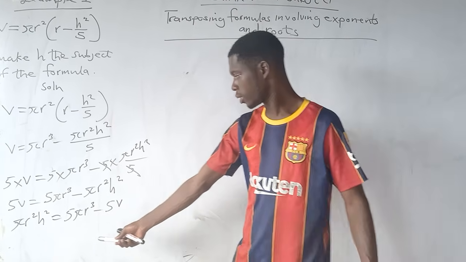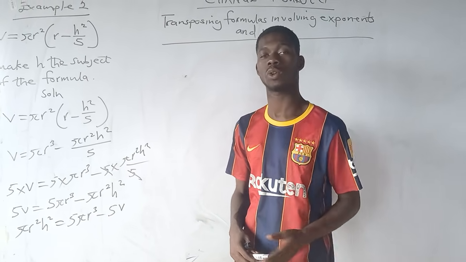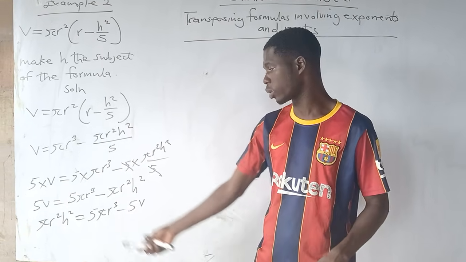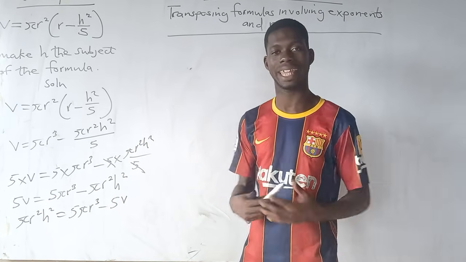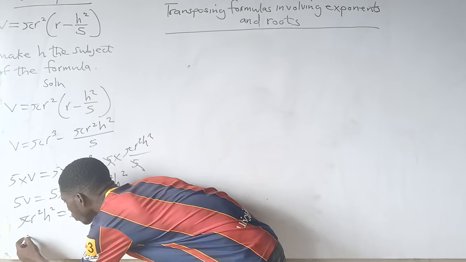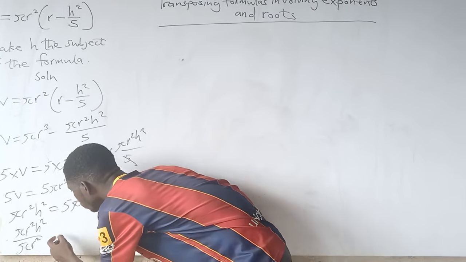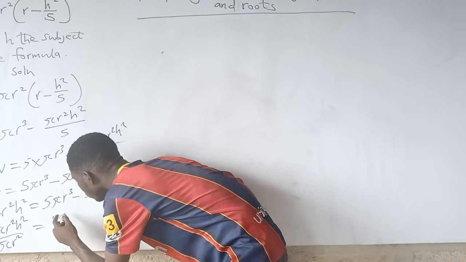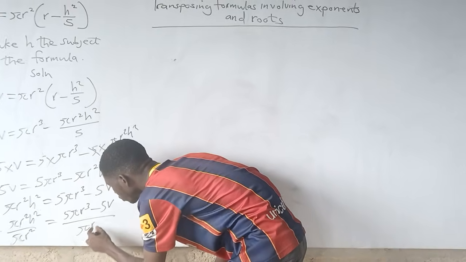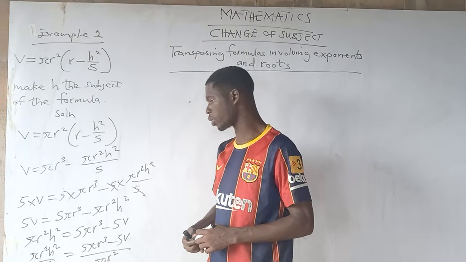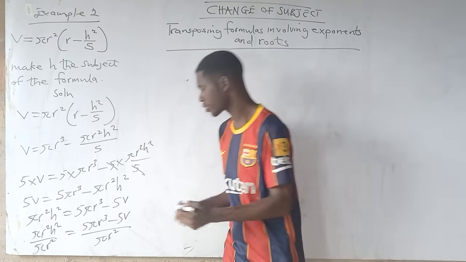Okay. Now we are continuing. Now we are looking for h. So as a matter of fact, we are supposed to divide both sides by the coefficient of h squared. The coefficient is what? Pi r squared, right? So you divide both sides of the equation by pi r squared.